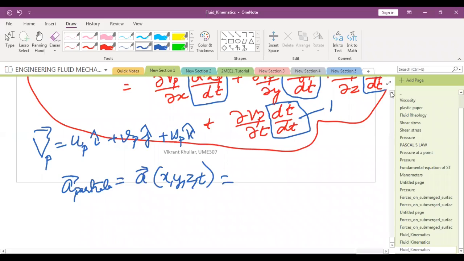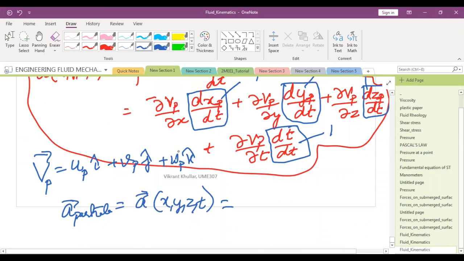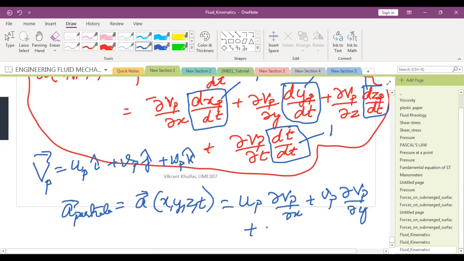This equals UP ∂VP/∂x plus VP ∂VP/∂y plus WP ∂VP/∂z plus ∂VP/∂t. Clear up to here?